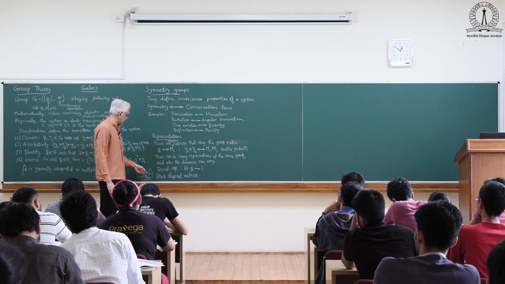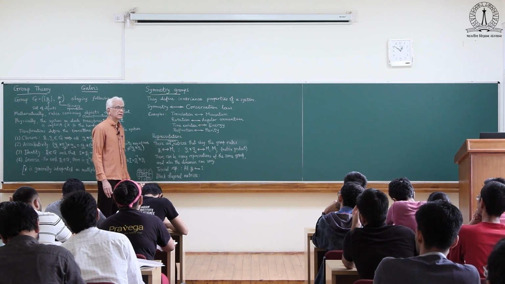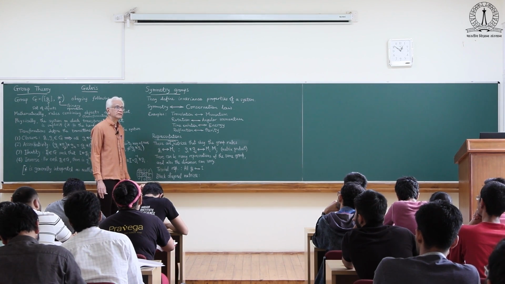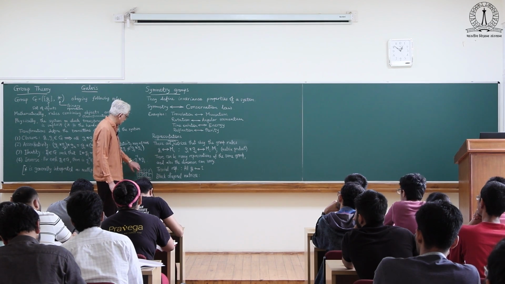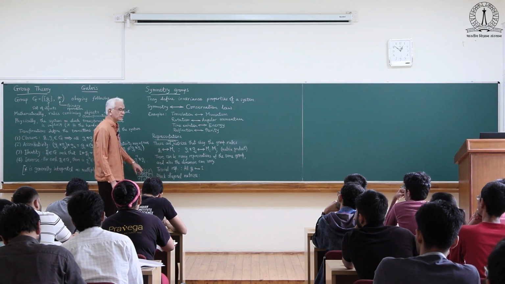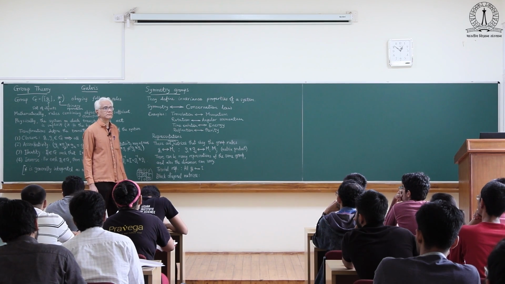So if you have such a structure, the blocks don't mix, and then you can say that I might as well take one of the blocks as a representation. Perfectly okay.